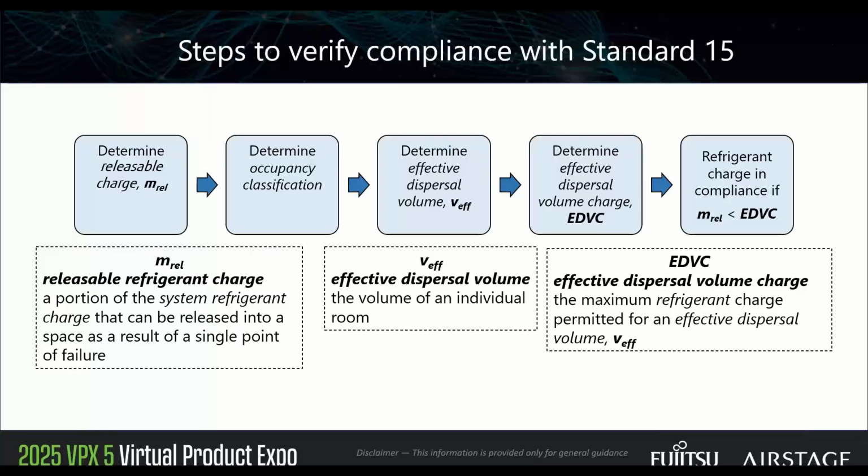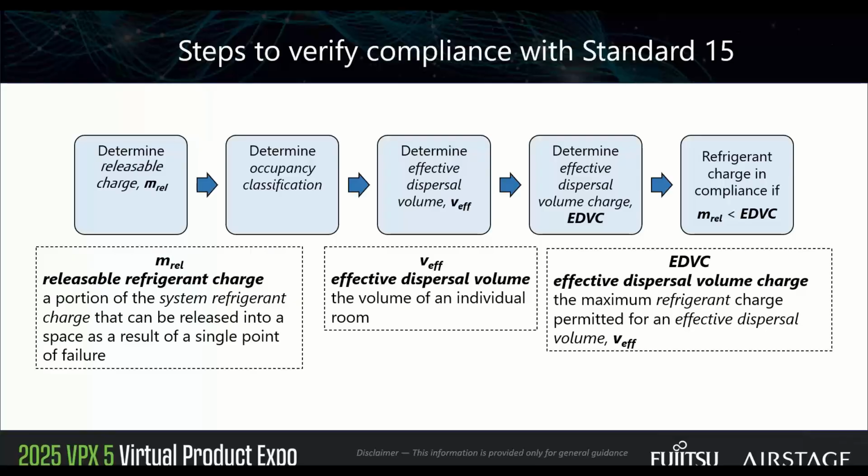Then we have to determine the VEFF, the dispersal volume, and that's the room volume where this leak could happen. And when that's done, we also need to determine EDVC, that's effective dispersal volume charge, and that's the maximum allowed charge. And then the last step will be to compare those two, the MREL with EDVC.